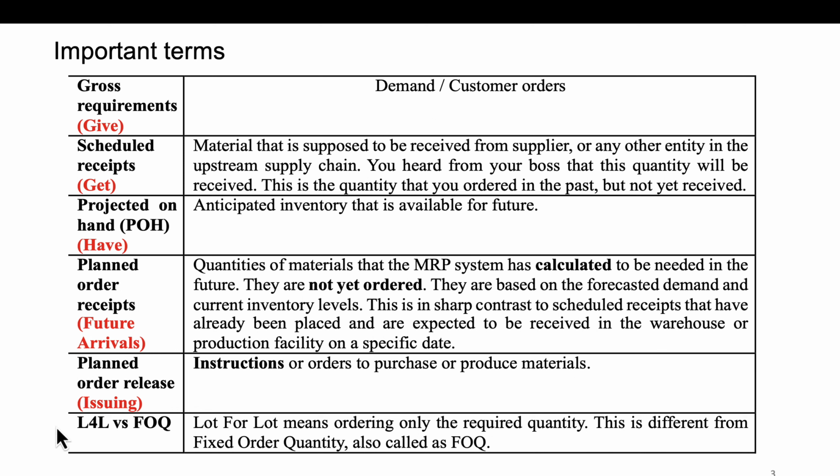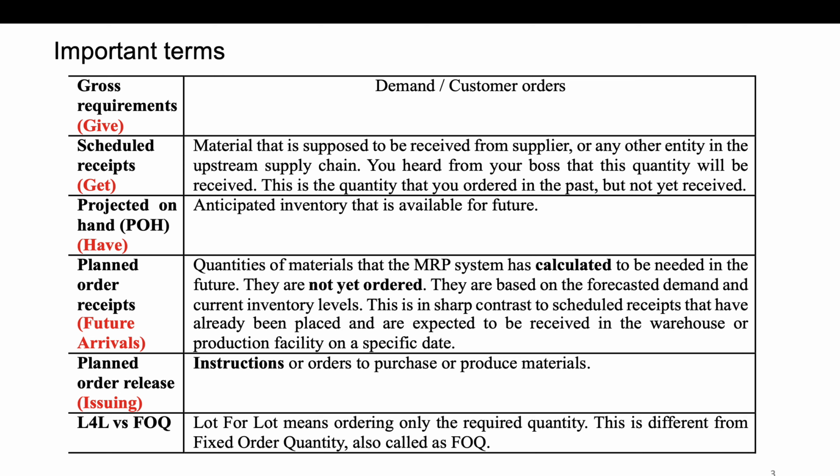If in week 1 the requirement is 50 units, we will place an order for 50 units. If in the second period the demand is 100 units, we will place an order of 100 units. If in period 3 demand is 200 units, we will place an order of 200 units. So the quantity will vary depending upon how much is required.